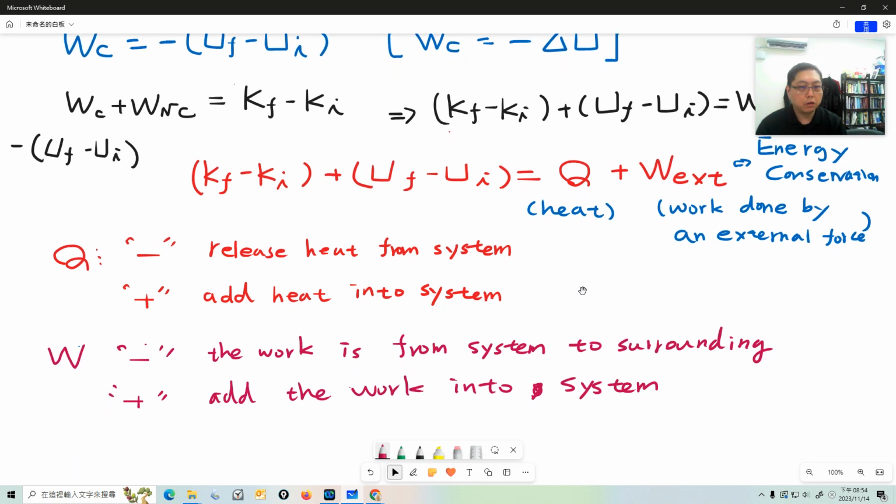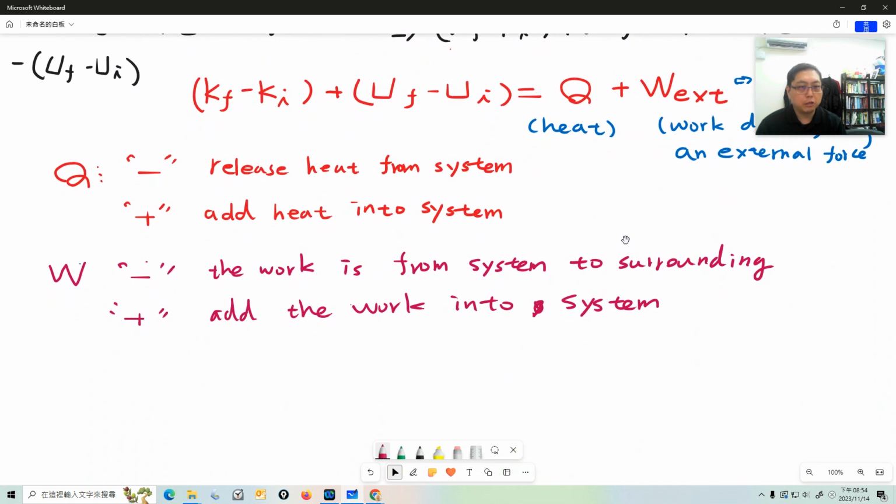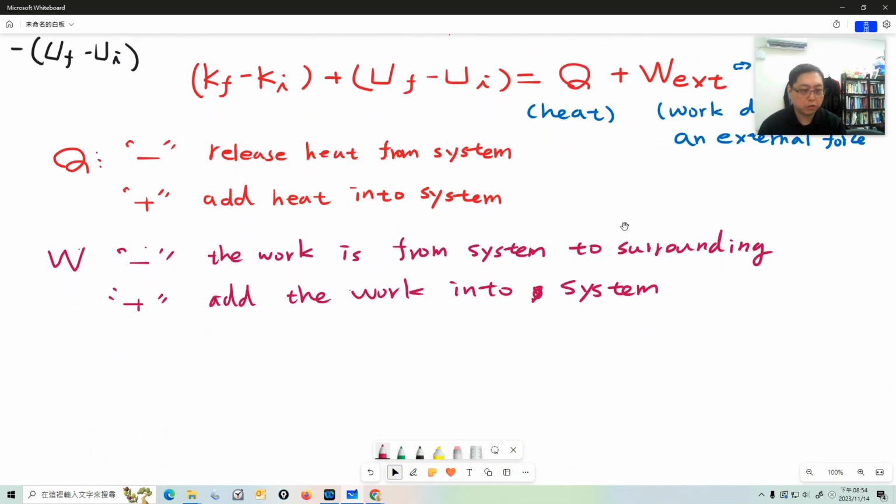So this is the more general equation for energy conservation.